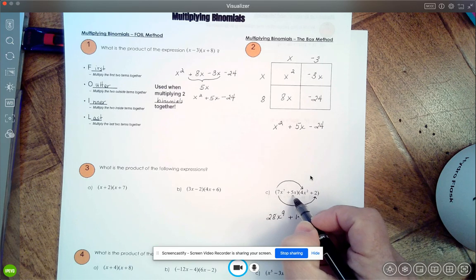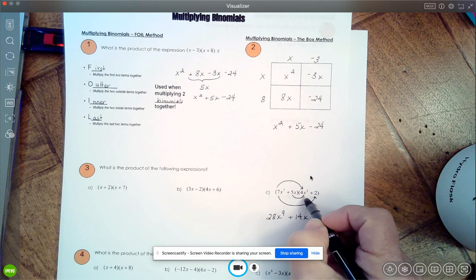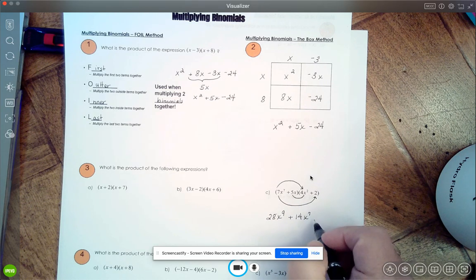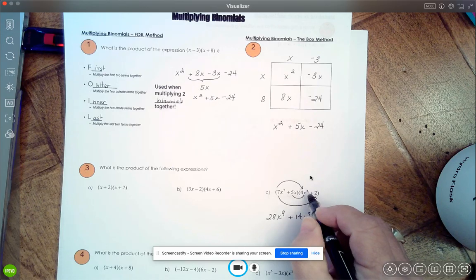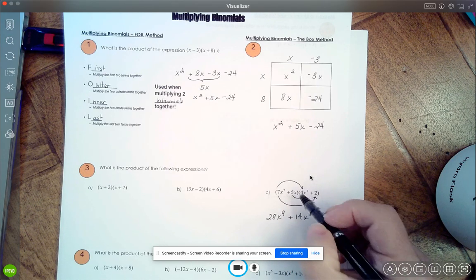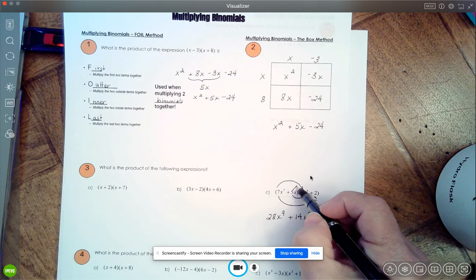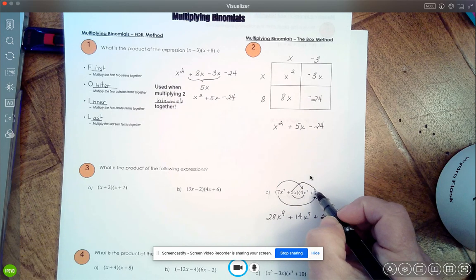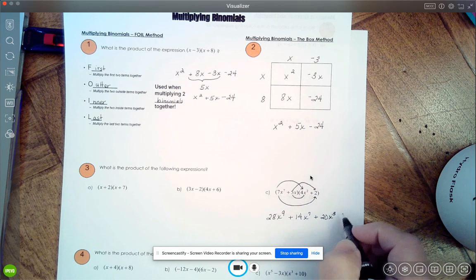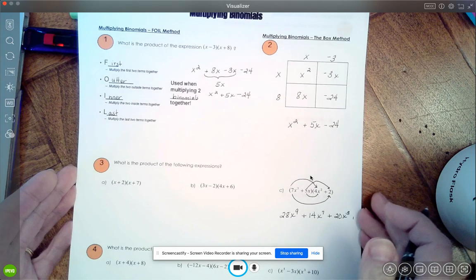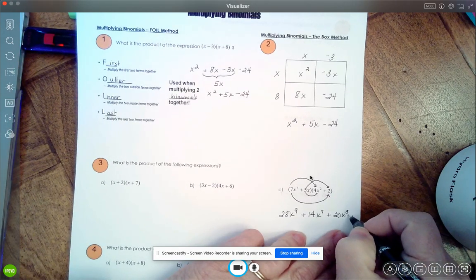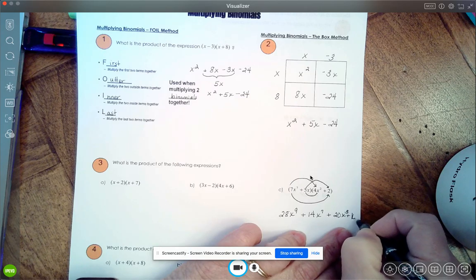I can multiply the inner ones together. 5x and 4x squared. 5 times 4 is positive 20, and I have x to the third power: 2 here, 1 here, 2 plus 1 is 3. And then the last ones, 5x and 2, is a positive 10x.